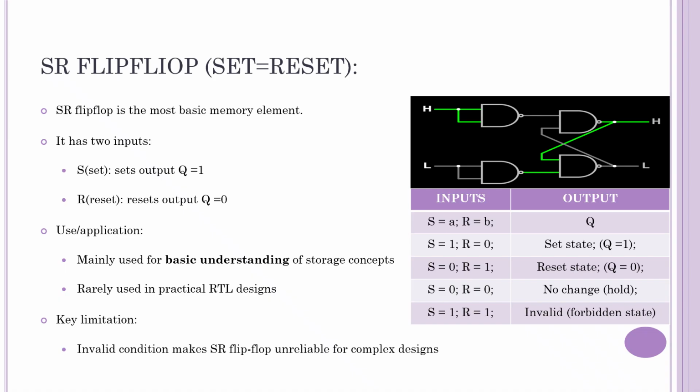And when S equals 0 and R equals 1, it goes into the reset state, so Q becomes 0. If both inputs are 0, the flip-flop simply holds its previous value. It remembers the last state.